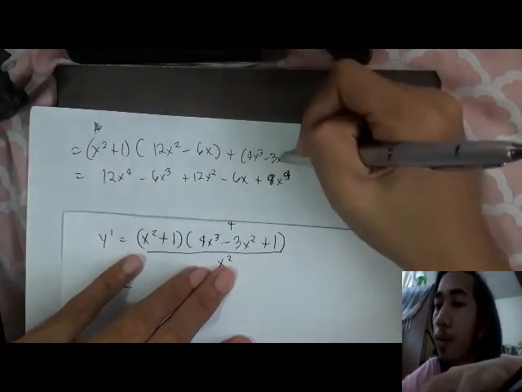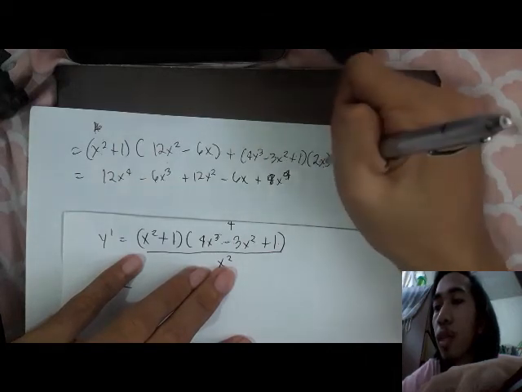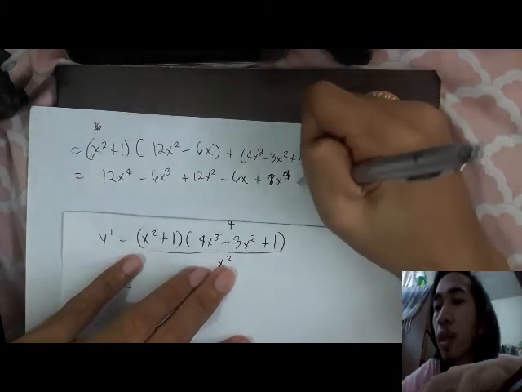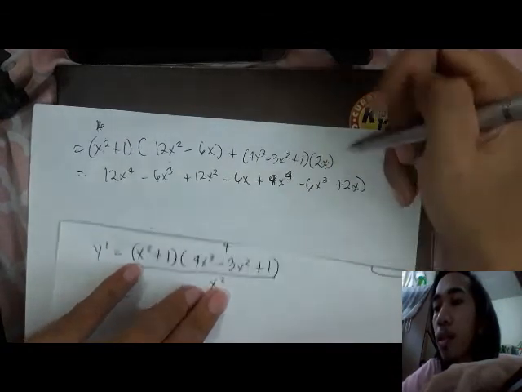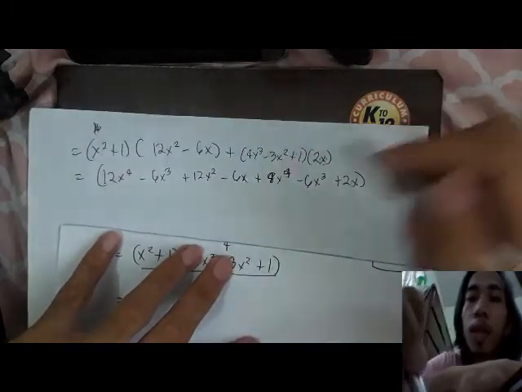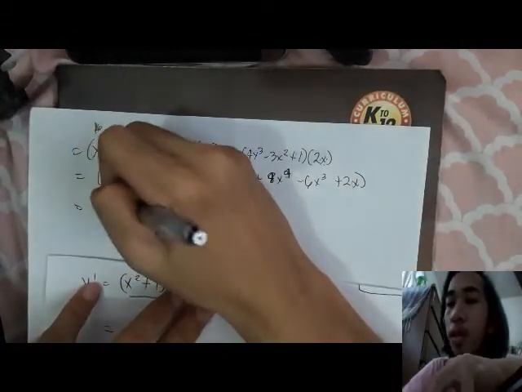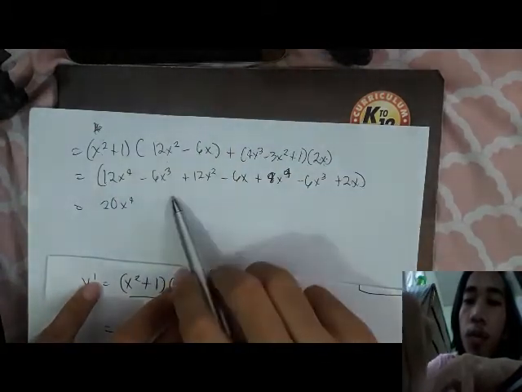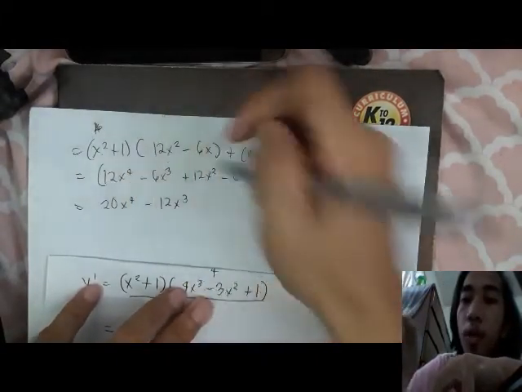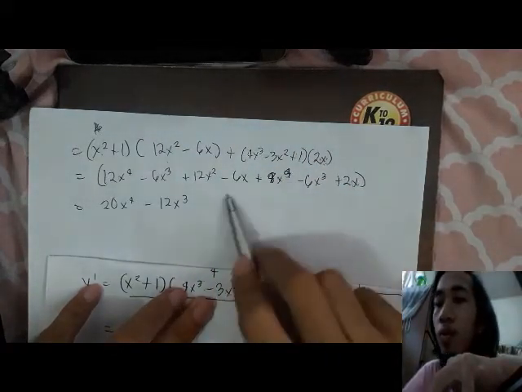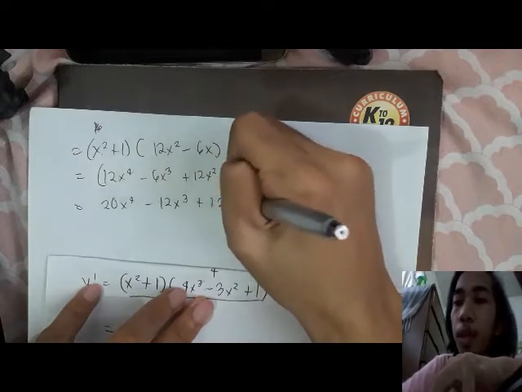So 2 times negative 3x squared, that's negative 6x squared, tapos plus 2x. Combine like terms, magiging 12x to the power 4 at 8, itong cube magiging negative 12x cubed, itong squared wala tayong ka-add, so copy lang.